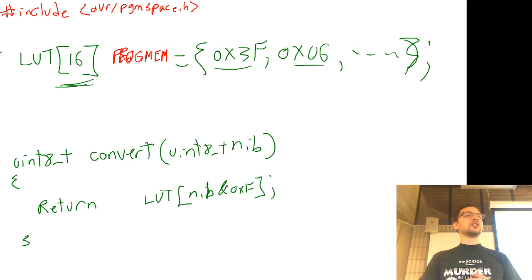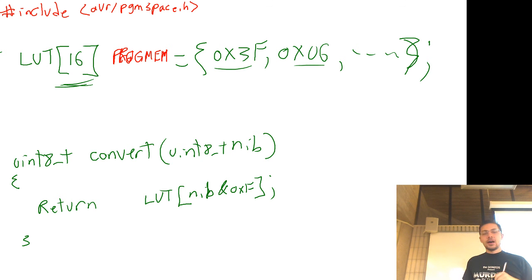In recent versions of Atmel Studio, this used to be all you had to do, put PROGMEM there. In recent versions, it also wants you to declare this as a constant value. So that's const uint8_t lookup table sub 16 PROGMEM equals.